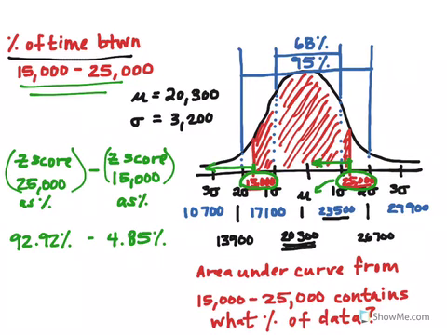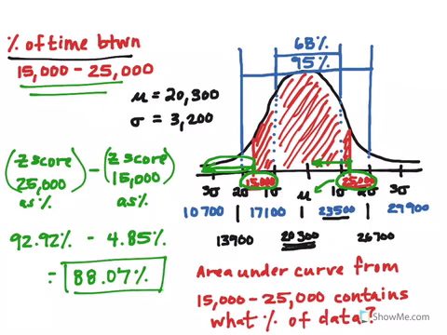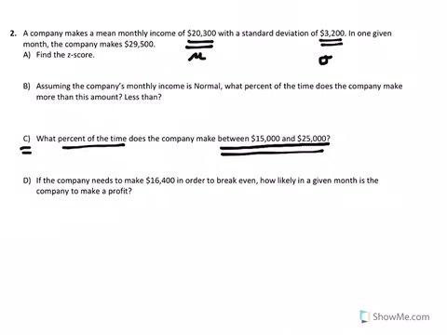We're going to subtract out this piece of 4.85 from the 92.92, which, as we do that, is going to give us 88.07%, which is our final answer to the question, what percent of the time does the company make between? Well, that is 88.07% of the time they make in between 15,000 and 25,000.